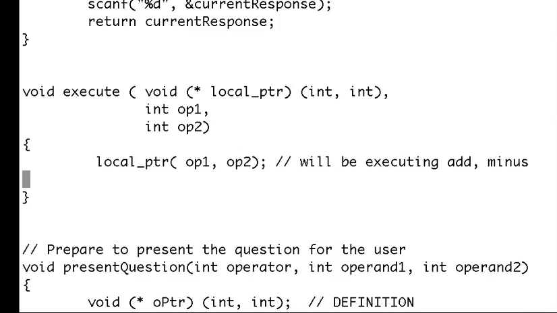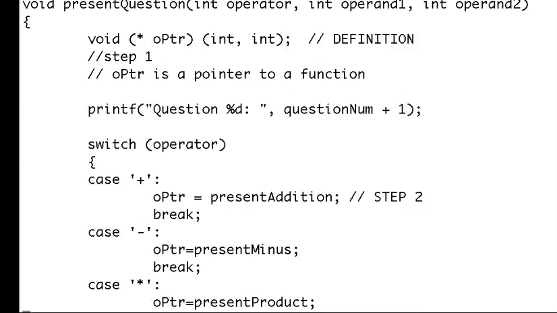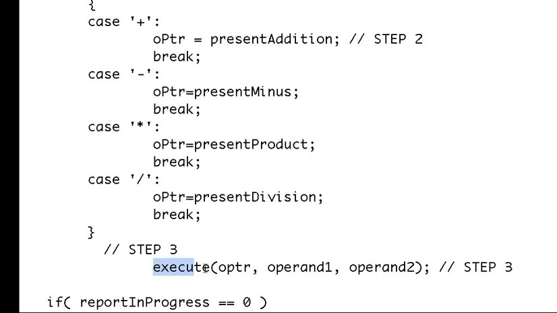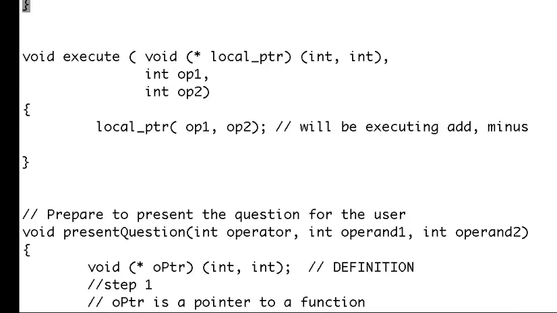It depends upon what the operator is. So depending upon the operator, we have assigned a pointer, then we call the function. Remember, for this function to execute the operator, it needs operand 1 and operand 2. That is why we are passing both. And here we are going to execute that.